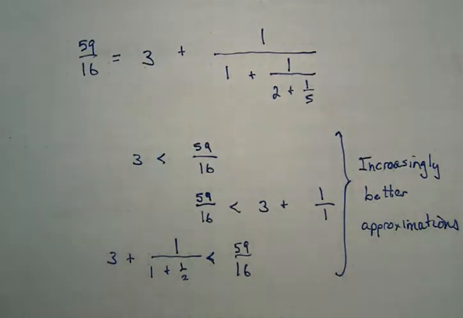Now, the author also mentions the usefulness of continued fractions when we are dealing with irrational numbers, such as square roots. Now, of course, you can't get that continued fraction approximation from the Euclidean algorithm.